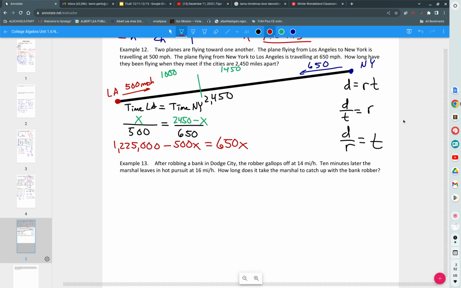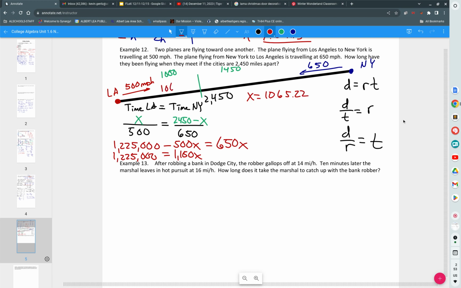I add the 500x over, I get 1,225,000 is equal to 1,150x. I divide both sides by 1,150. Can somebody get on their handy dandy calculator and tell me what 1,225,000 divided by 1,150 is? 1,065.22. So that tells us the distance.